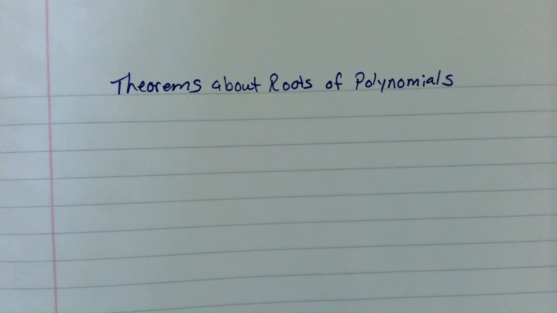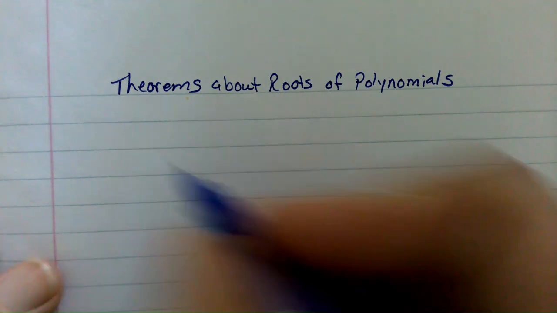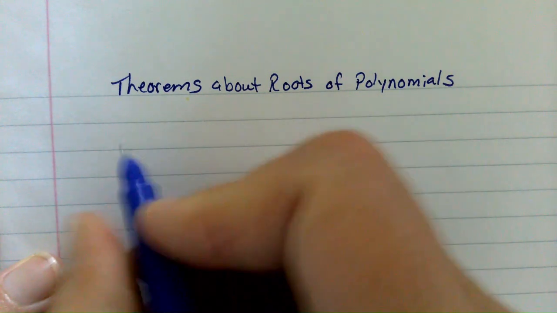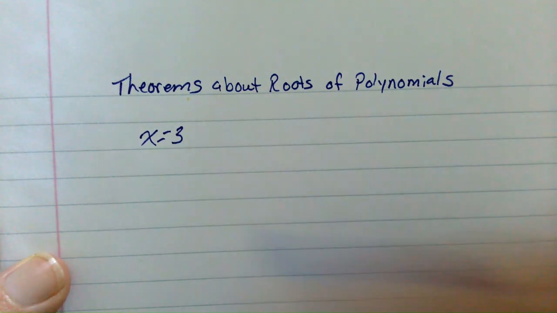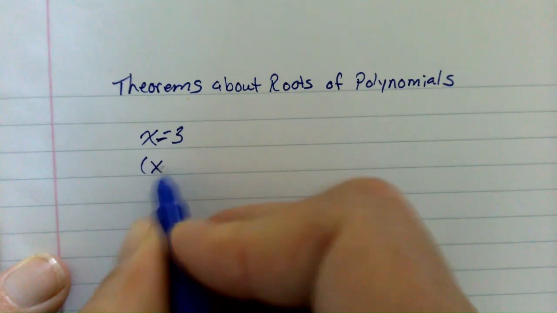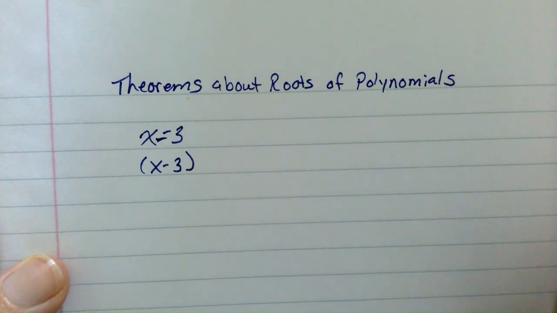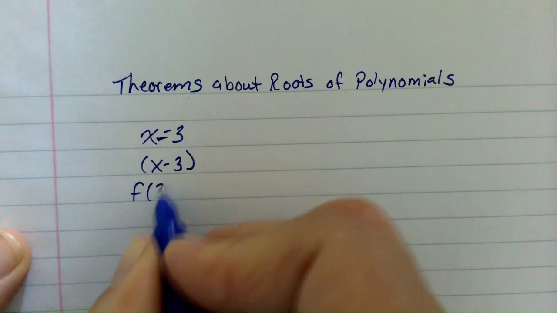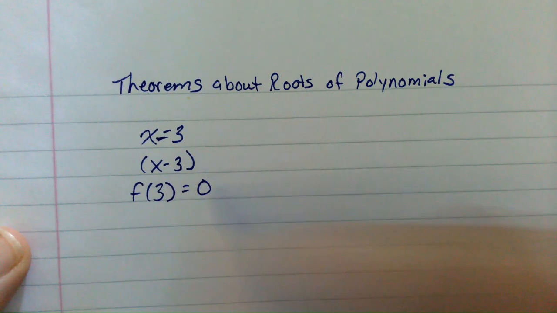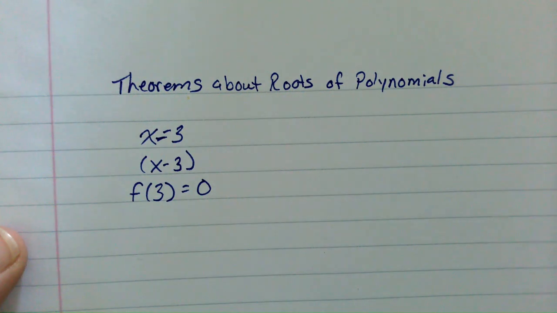Hello there. If you watched my last video, then you noticed that I started talking about the relationship between roots and the factors of polynomials, and that if the graph crossed the x-axis at x equals 3, then x minus 3 was a factor, and that f of 3 would have a remainder of 0 by the remainder theorem.